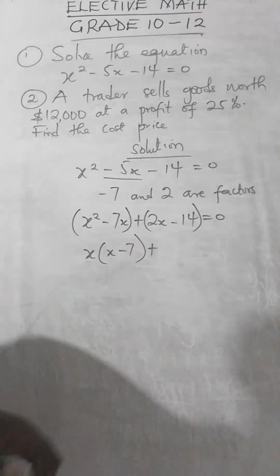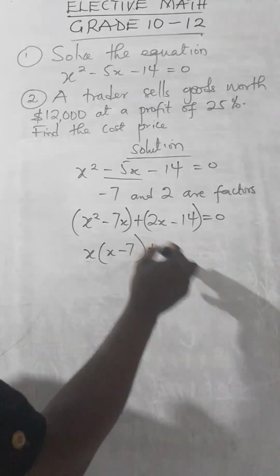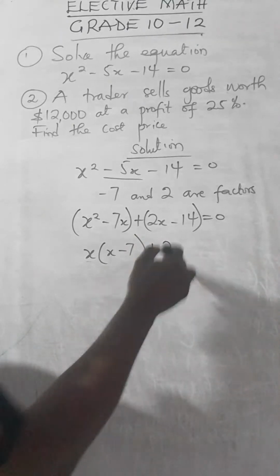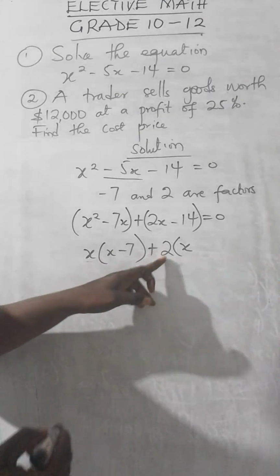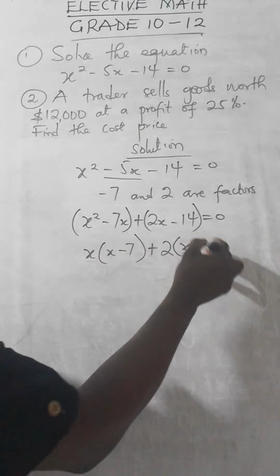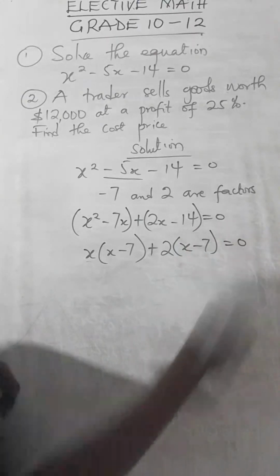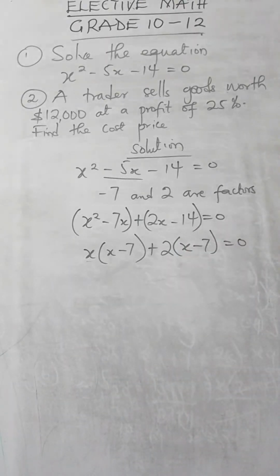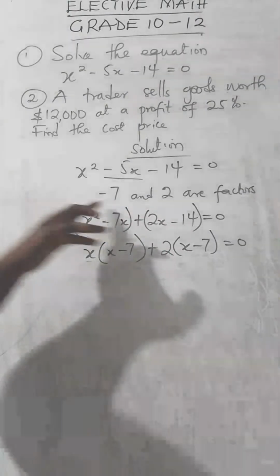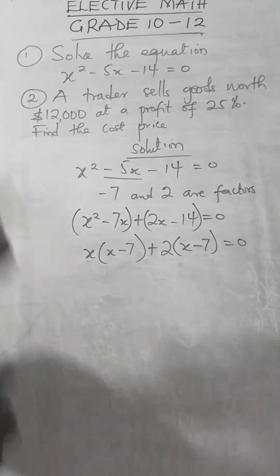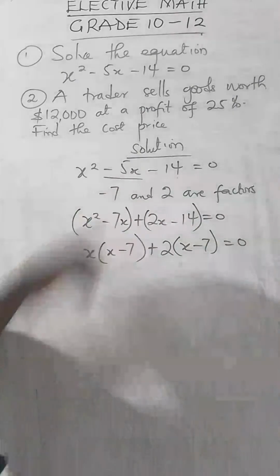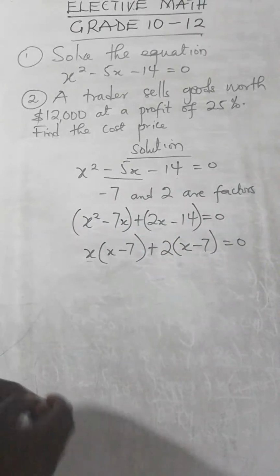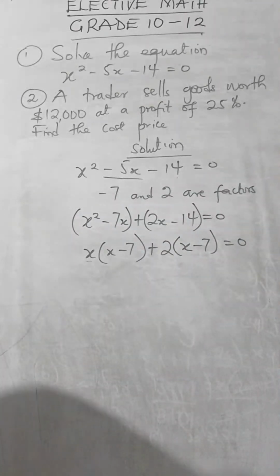Then this also, you have the highest common factor to be 2, that is 2 and 14. So you take 2 out, you have x, then 2 will go into 14, that is 7. So the factors: minus 7 times 2 gives you minus 14, then minus 7 plus 2 is negative 5.